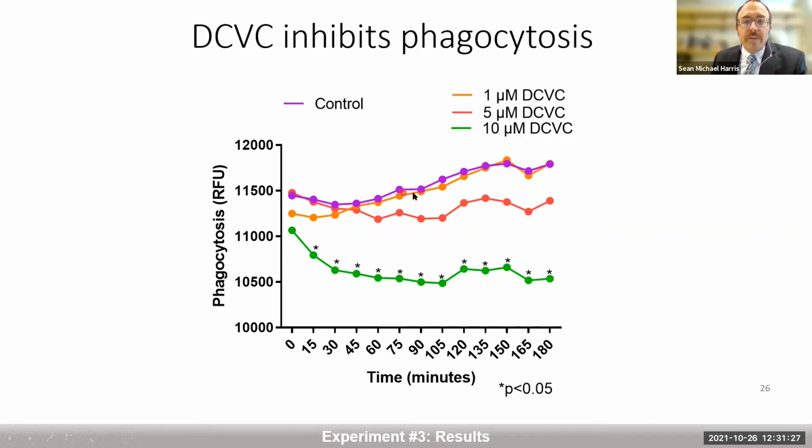At 1 micromolar of DCVC there was maybe a little bit of an inhibition, but it seemed to catch up after a few hours. At 5 micromolar DCVC, we started to see a bit of inhibition, but then at 10 micromolar, we saw a significant inhibition of phagocytosis across multiple time points with that concentration.